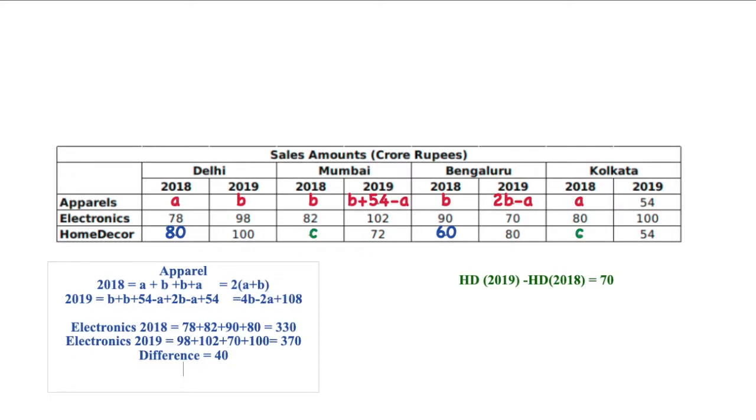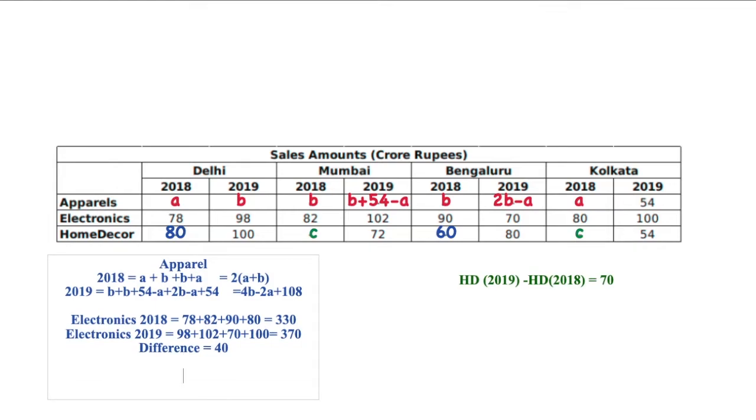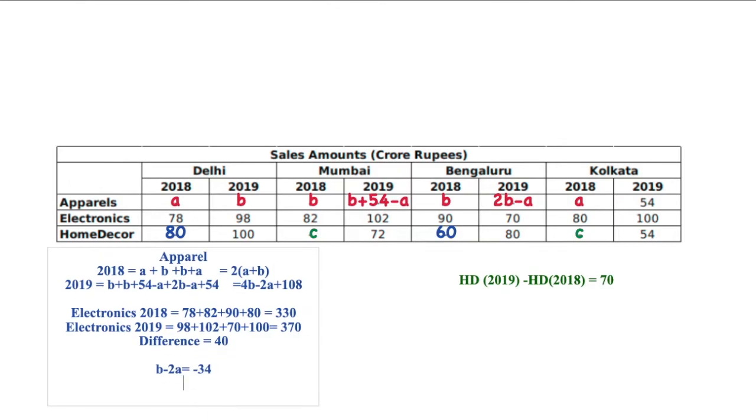So now we know that the difference between apparel 2019 and apparel 2018 is 40. So we'll get another equation by substituting those two values. That will be B minus 2A is equal to minus 34. Okay, just solve it. So you can also write it as 2A minus B is equal to 34, right?